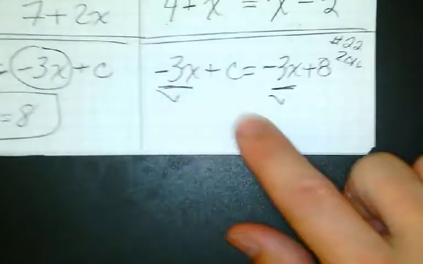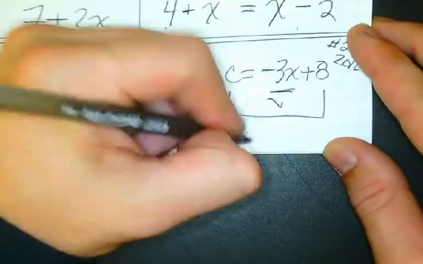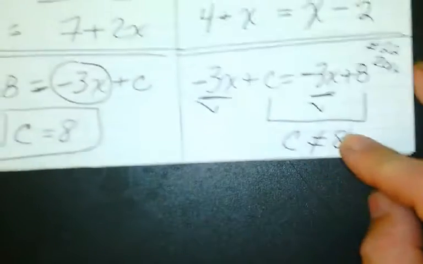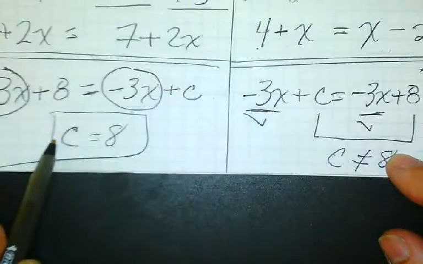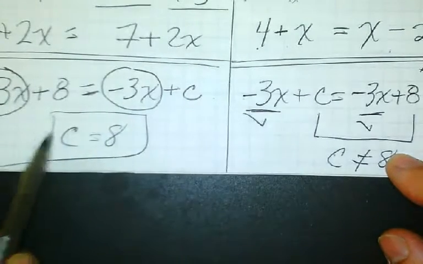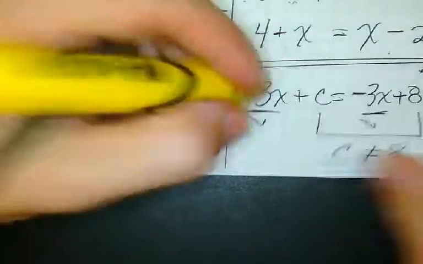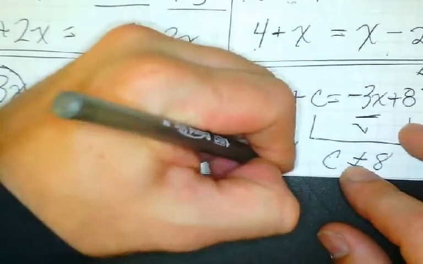So when you look over here, you just can't have 8. So as long as c doesn't equal 8, you should be good. And that's the exact opposite of what we got over here. That's very, very important to understand. This one is the same line. That's all we did. We copied the same line on top of it. And this one over here, they're just totally different lines. They never even touch.